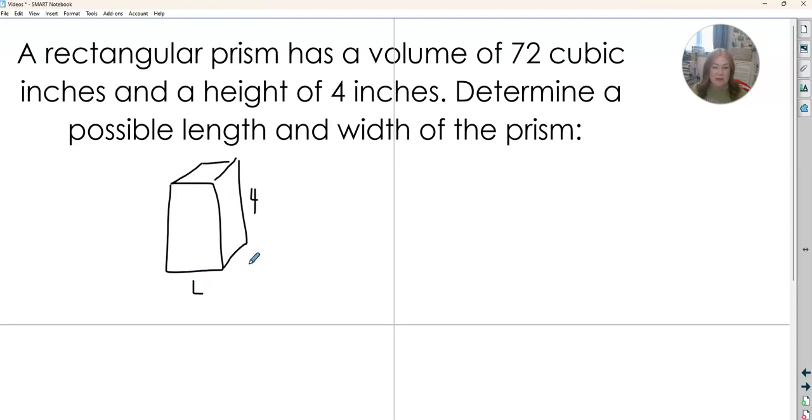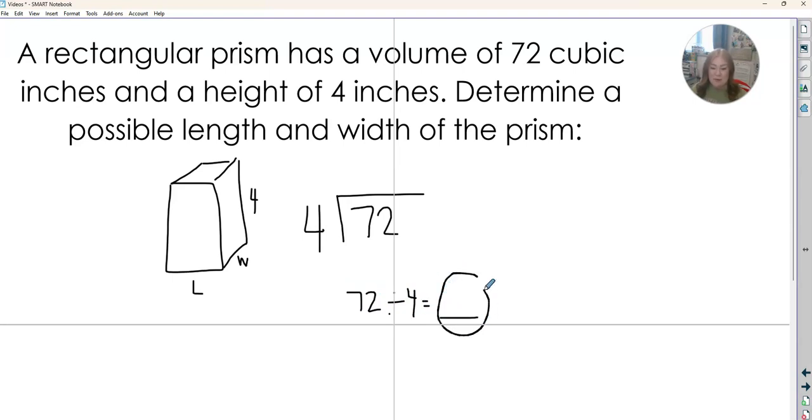We are looking for the length and the width. So again, we're going to take 72 and we're going to divide that by 4, and you can use your calculator to find that. And that's going to give you the base. That's all the L and W together.